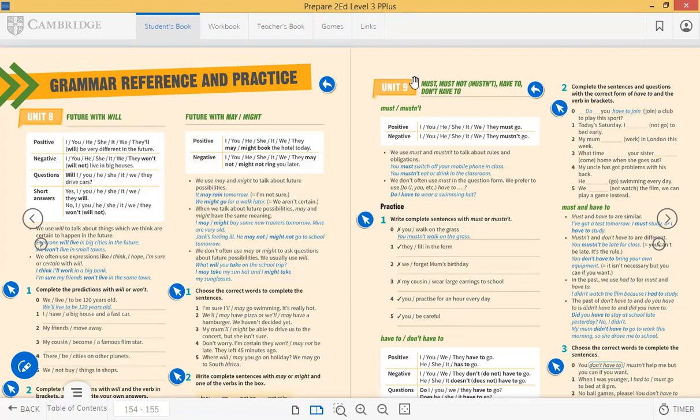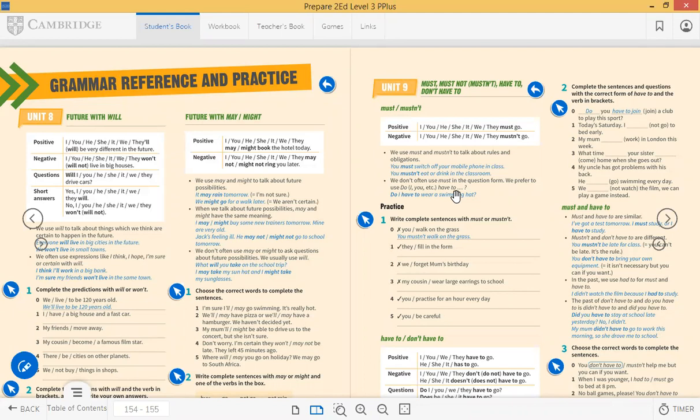Do you have to? Okay, it is an obligation. Letter number 0: Do you have to join a club to play this sport? Okay, we can also form questions.